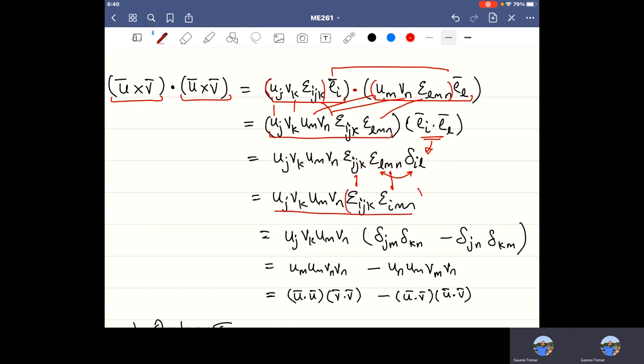Now we have seen that there is a repeated index, and this quantity can be written as delta jm into delta kn minus delta jn into delta km. Correct? This is what you get. And on the scalar multiplication, the scaling factors are uj, vk, um, and vn.